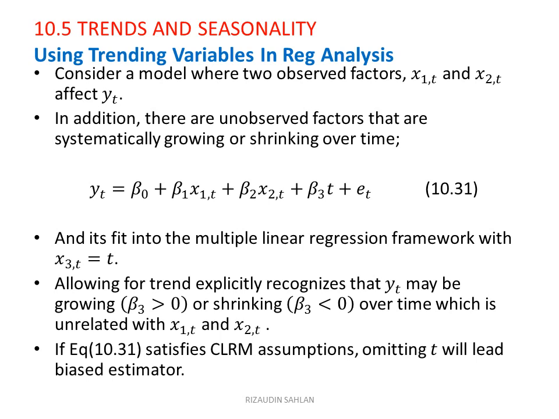If equation 10.31 satisfies the CLRM assumption, of course the variable t needs to be included in our model, and if we omit t, our regression will lead to a biased estimator.